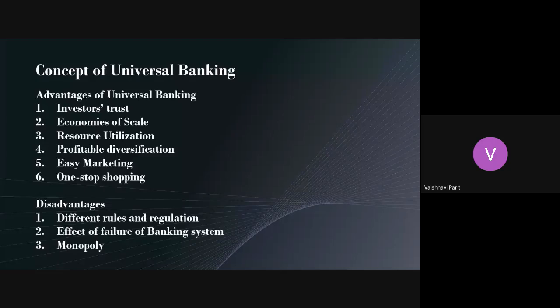That will build the CRM, and the customer will not think much about any risk, because he is loyal to the bank and has a good relationship with the bank. So the bank will help with various kinds of financial securities and financial products for that customer. So that is the universal bank and its advantages.